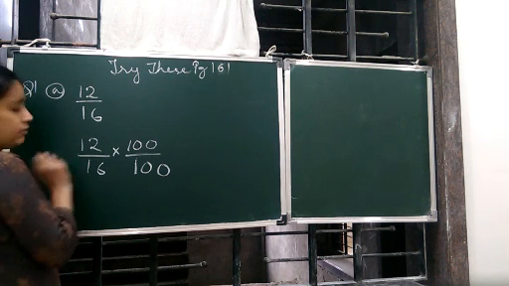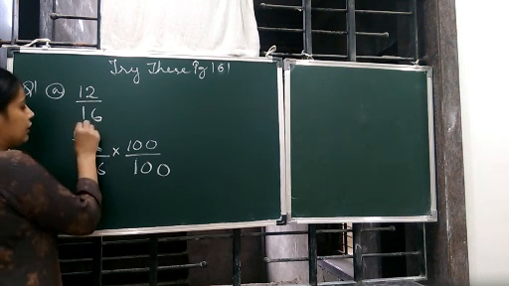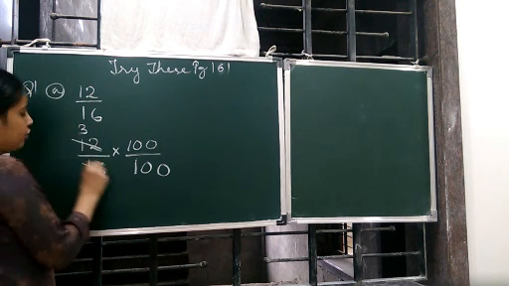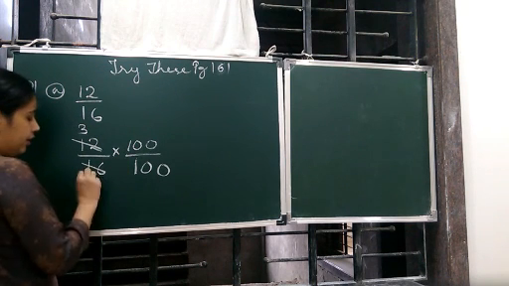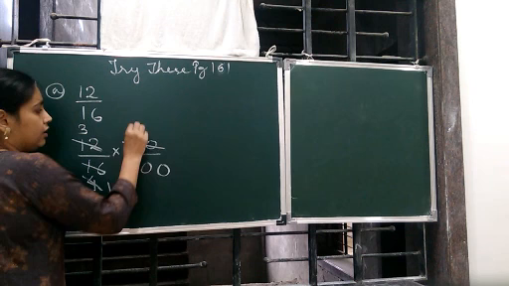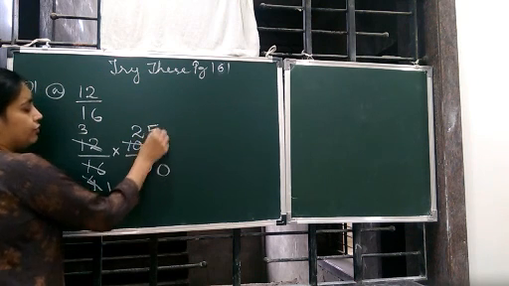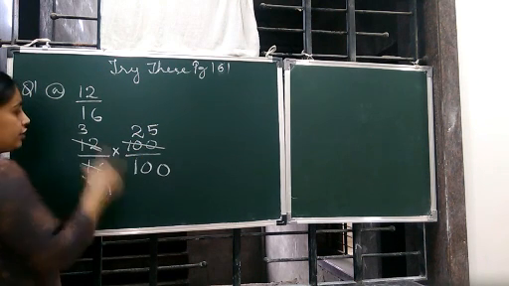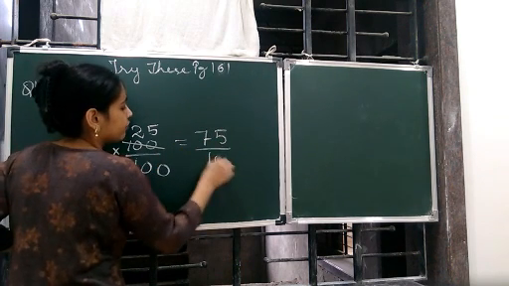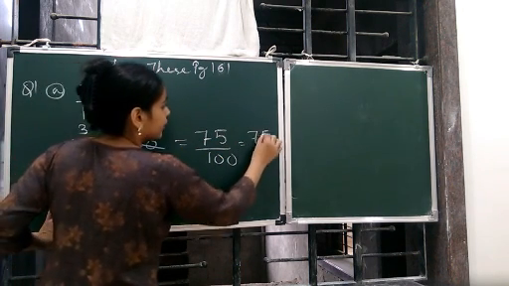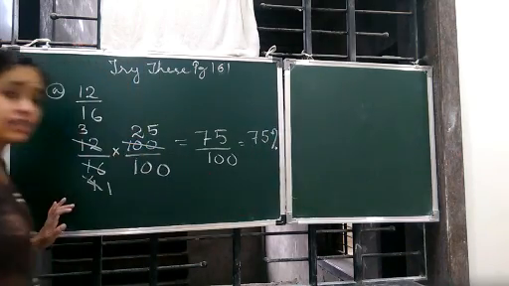Both will go by 4. 4 threes are 12, 4 fours are 16. Now 4 and 100: 4 ones are 4, and 4 twenty-fives are 100. 3 into 25 gives you 75. 75 by 100, that means 75%.